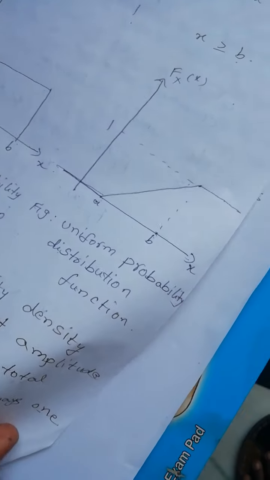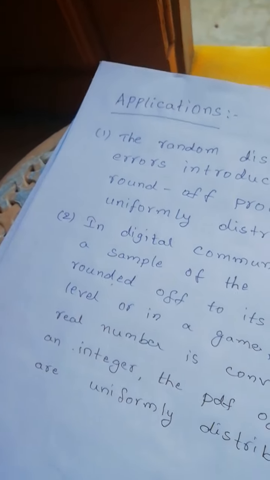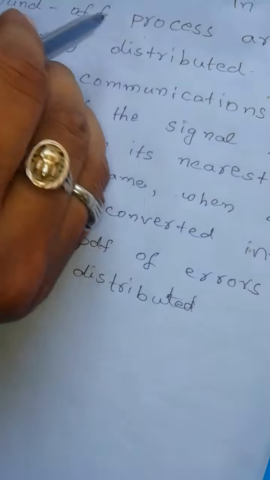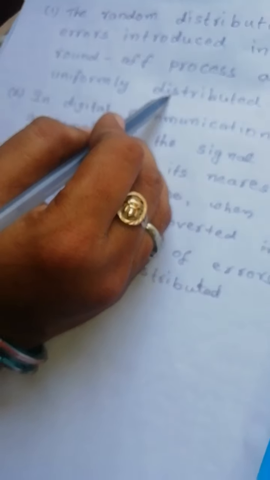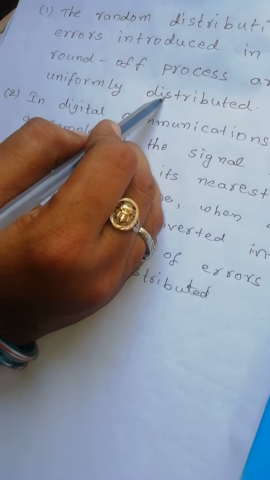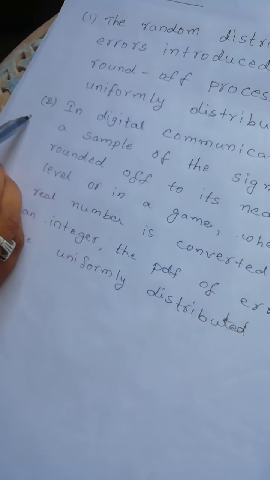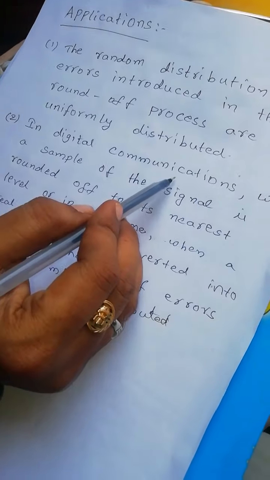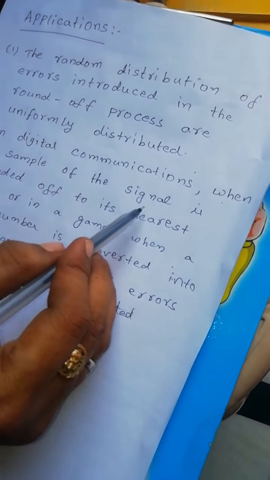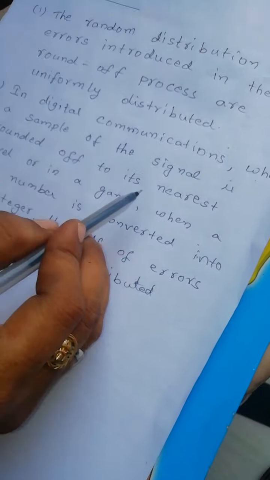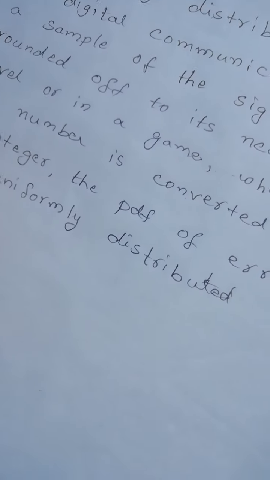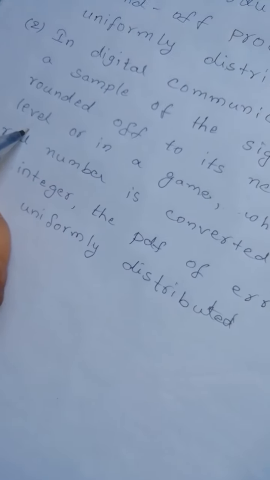Now, what are the applications of this uniform density function? There are two applications. The first one is that the random errors introduced in the round-off process are uniformly distributed. The second application is in digital communications, when a sample of the signal is rounded off to its nearest level; then we use this uniform density function.